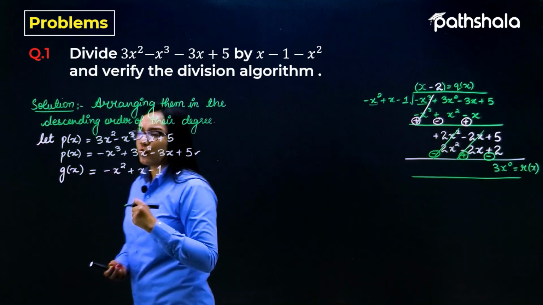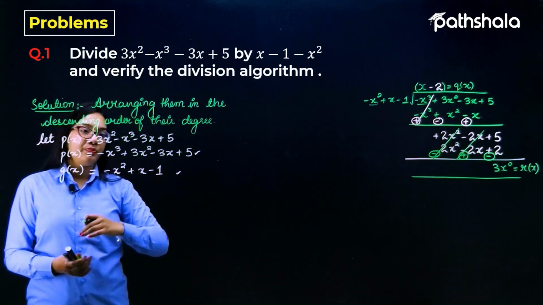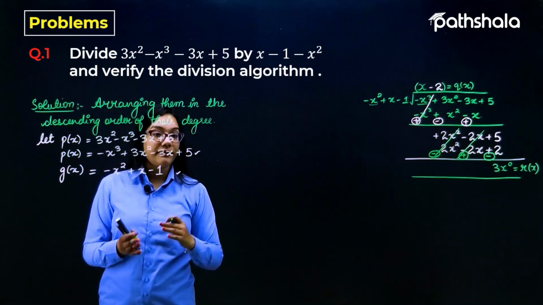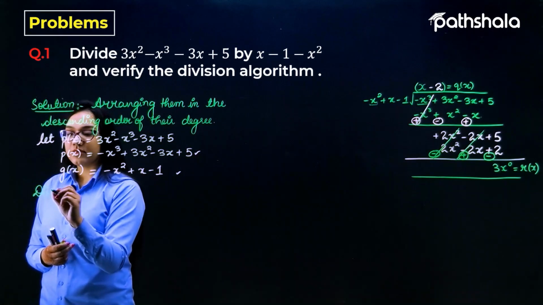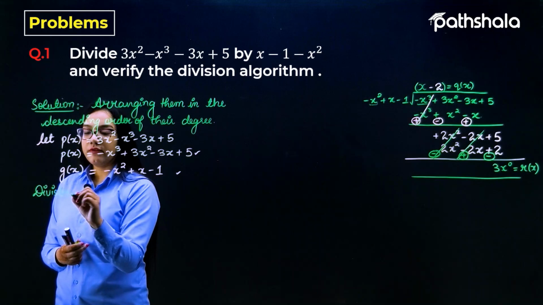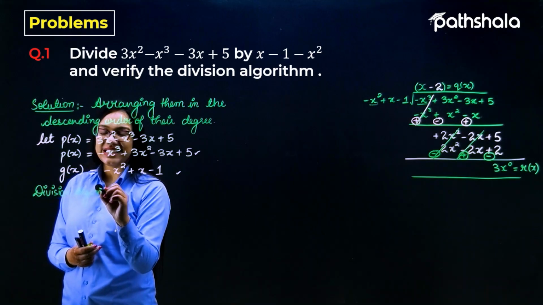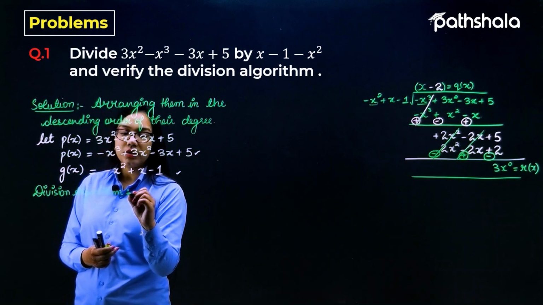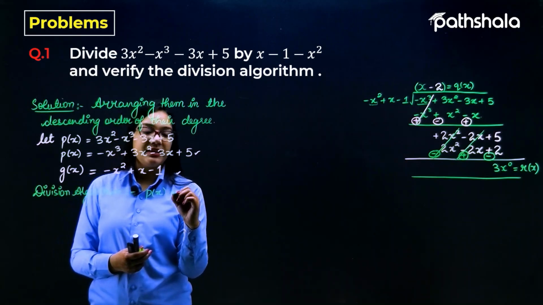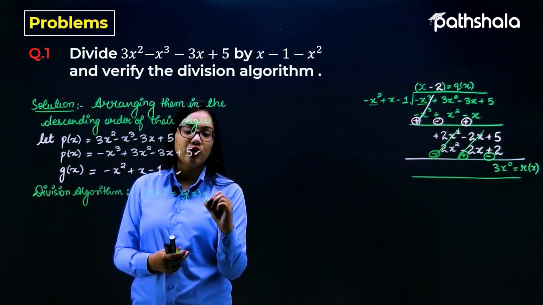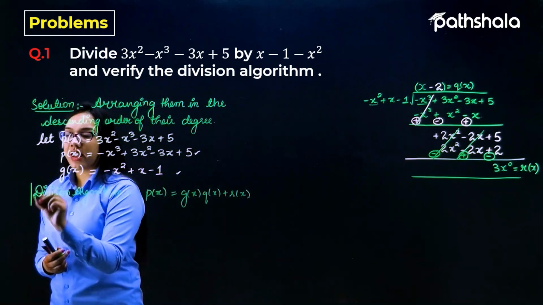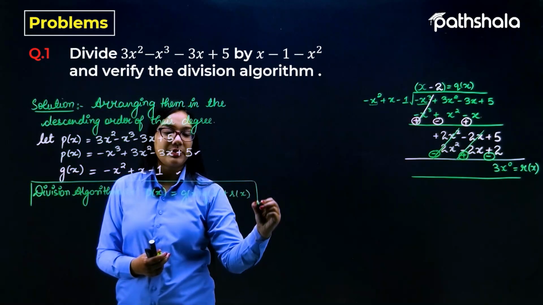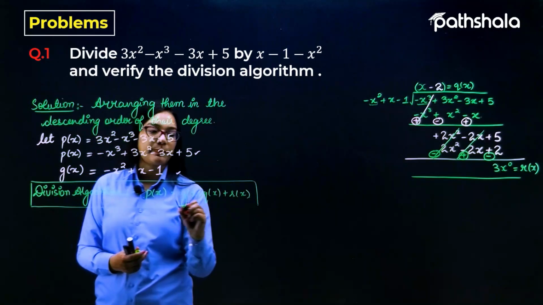We do know that the division algorithm says p of x can be represented as g of x into q of x plus r of x.